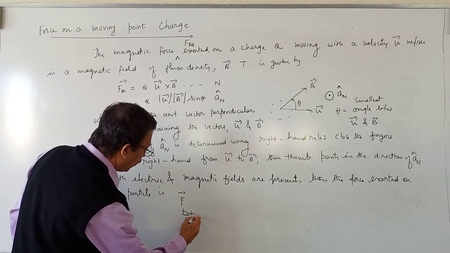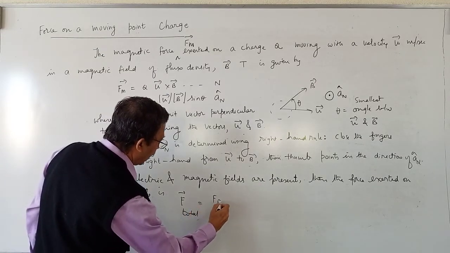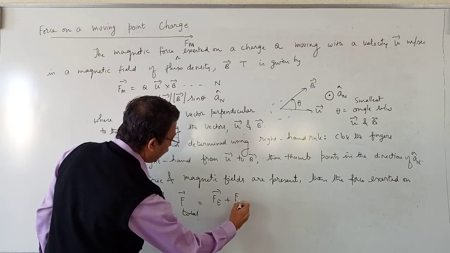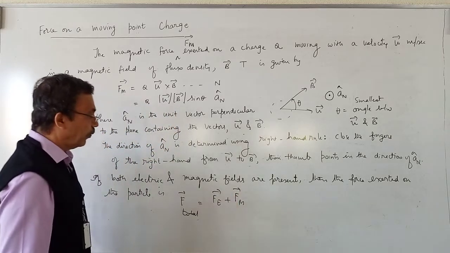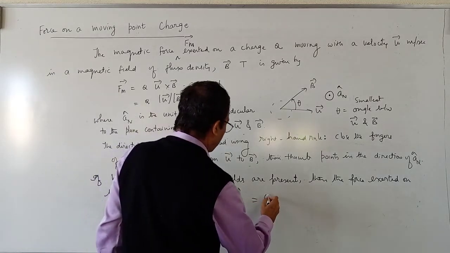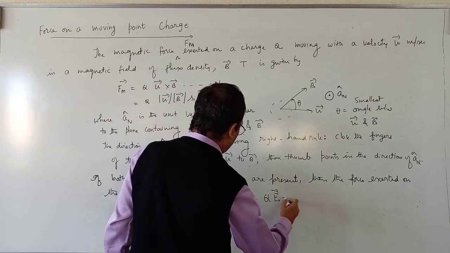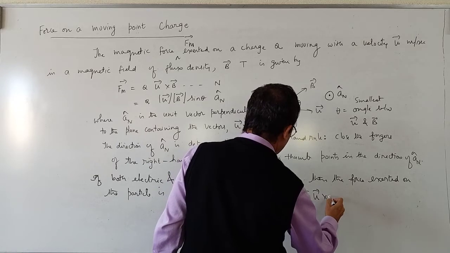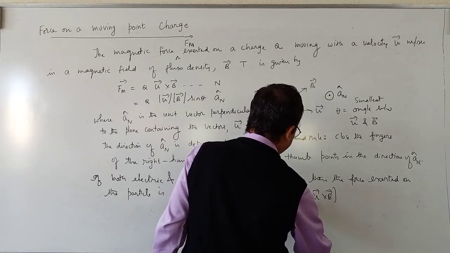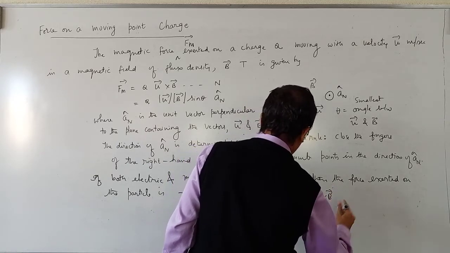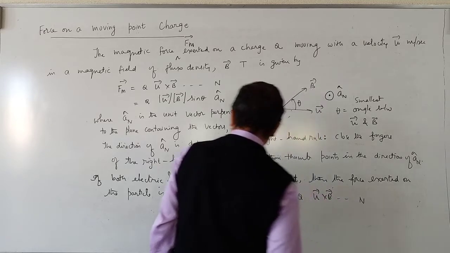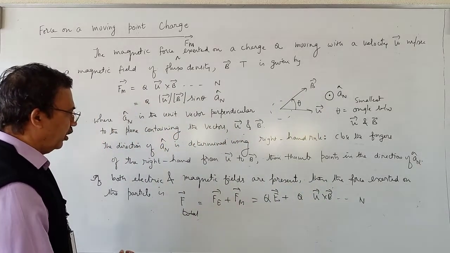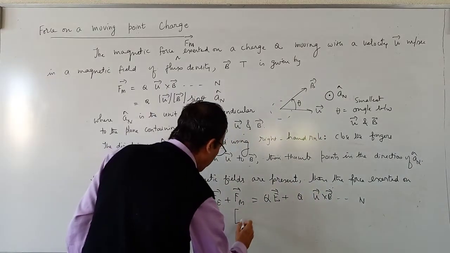Total force experienced is equal to electric force experienced plus magnetic force experienced. Electric force experienced is Q times vector E, magnetic force experienced is Q times u cross B. So many newtons.